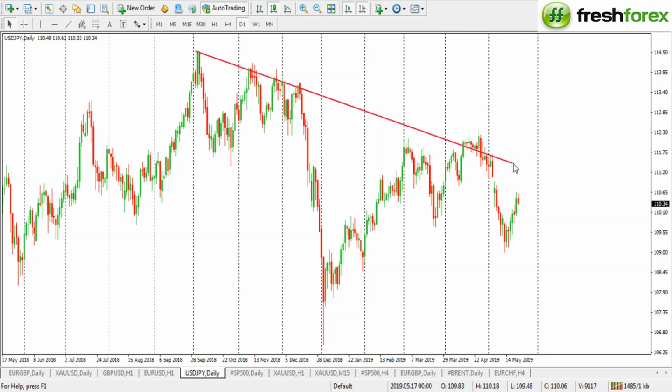Price was using it as a resistance and a sell place. Also have this as a resistance and a sell place. There's also this one, a resistance and a very good sell place. There's the next one, which is a resistance and sell place. Also have the same place here.